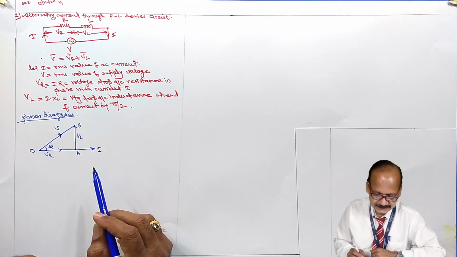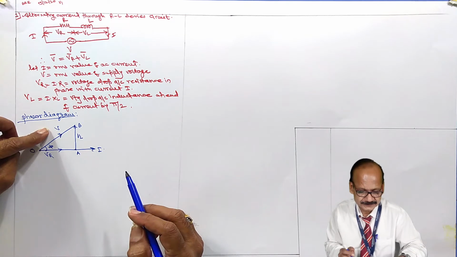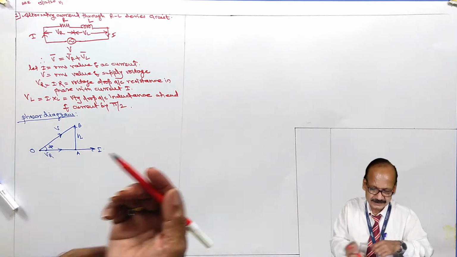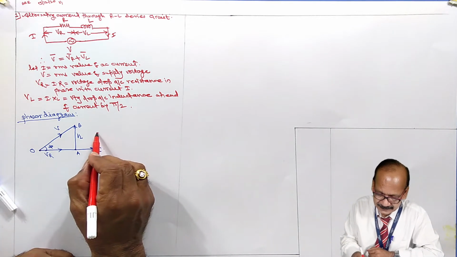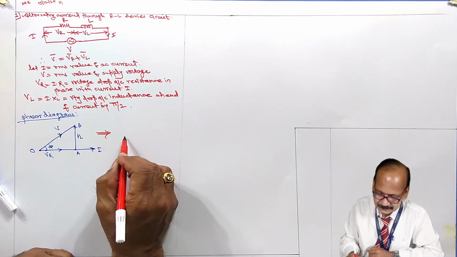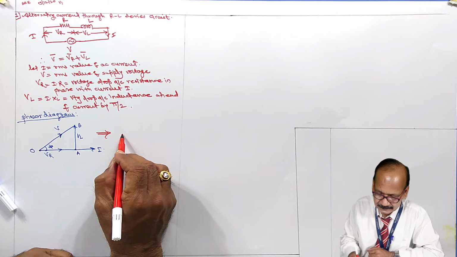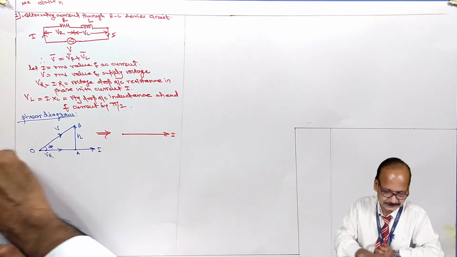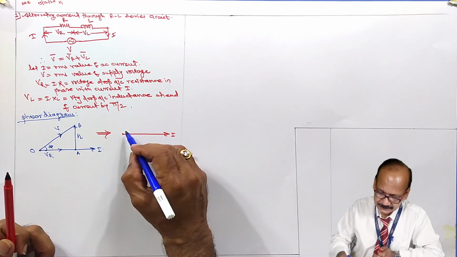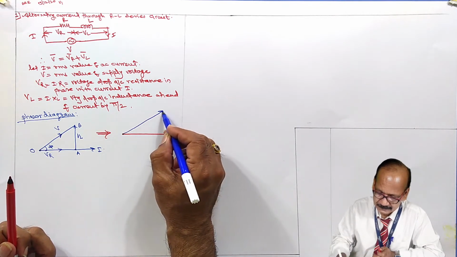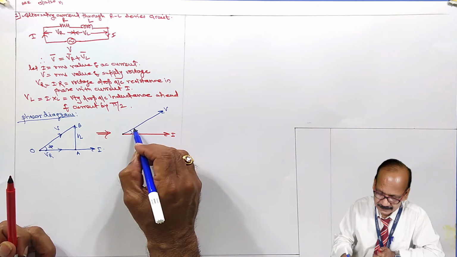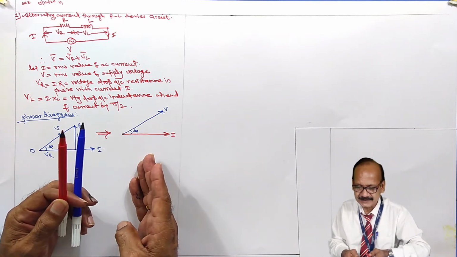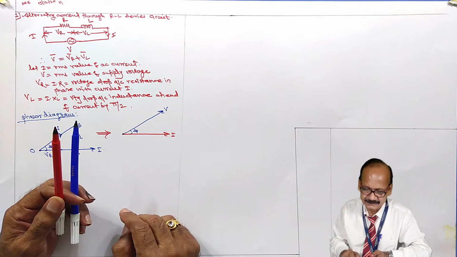So from this, V is the supply voltage, I is the resultant current, and therefore the resultant phasor diagram will be: this is current I, this is V. So if you observe carefully, current lags the voltage by an angle phi.